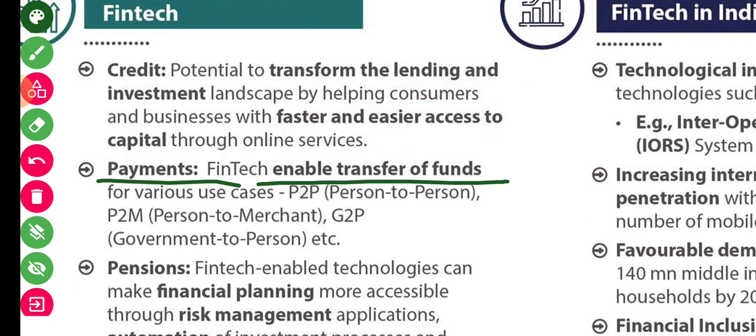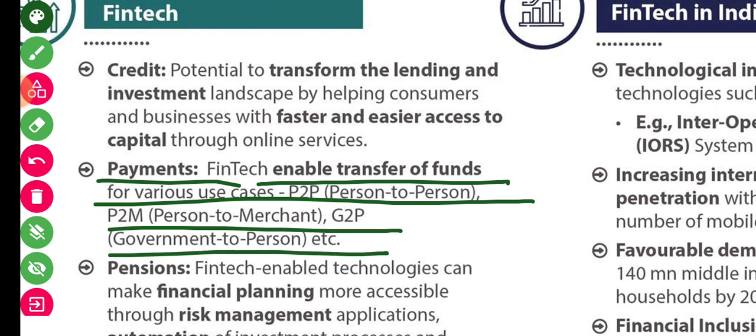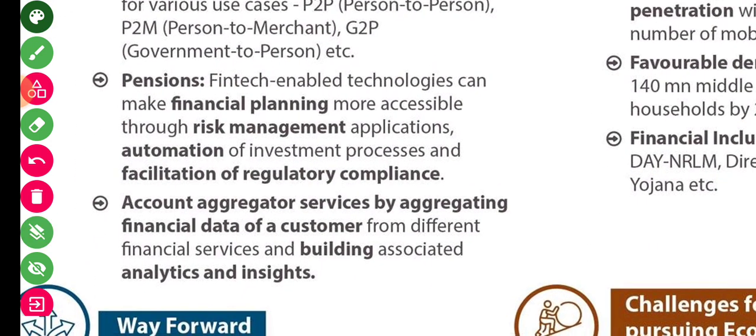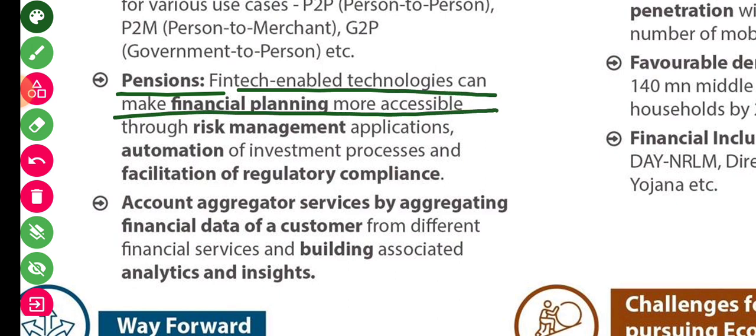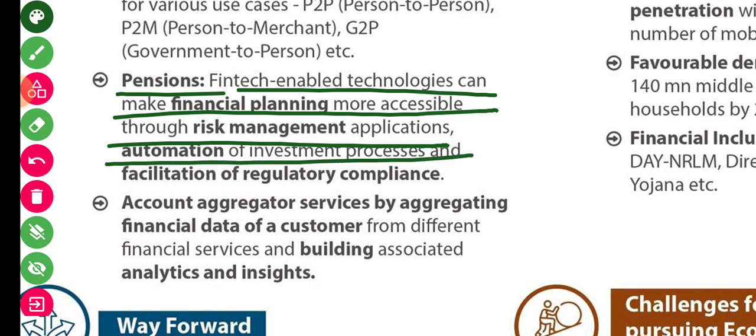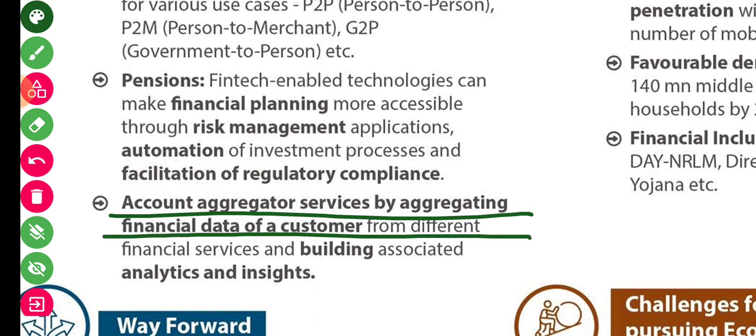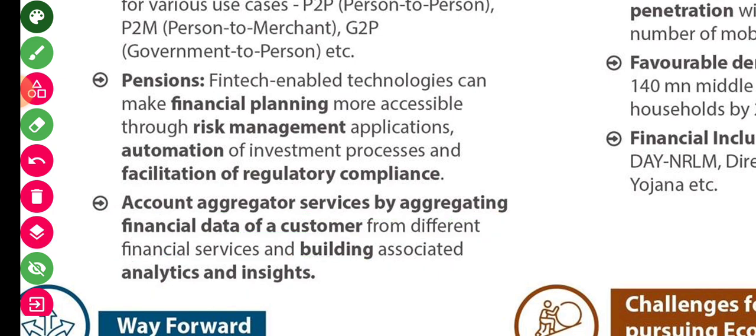Payments: financial technology enables transfer of funds for various use cases, person to person, person to merchant, government to person, etc. Pension: fintech-enabled technologies can make financial planning more accessible through risk management applications, automation of the investment process and facilitation of regulatory compliance. Account aggregator service: aggregating financial data of a customer from different financial services and building associated analytics and insights. So keep this in mind.